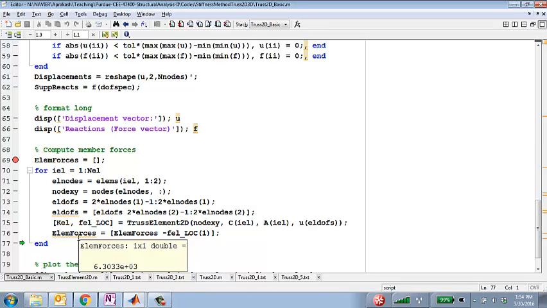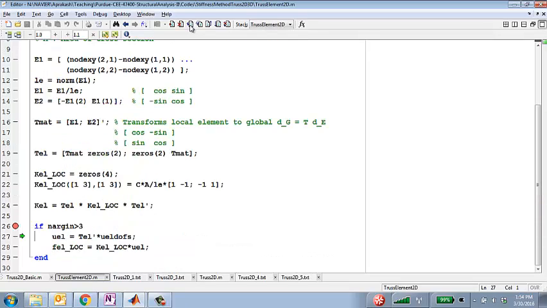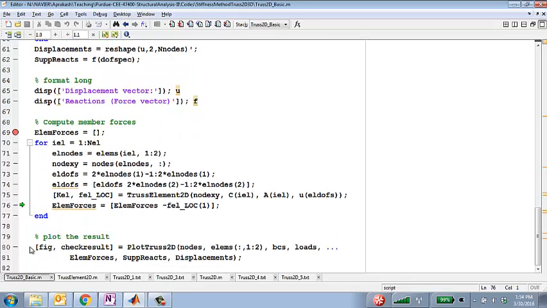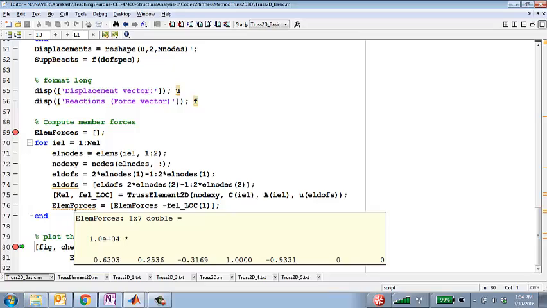So we keep doing that same thing for all of those elements, and at the end of this for loop, which I'll just run through here, I have 7 element forces recorded, and it so happens that 2 of those elements are zero force elements.